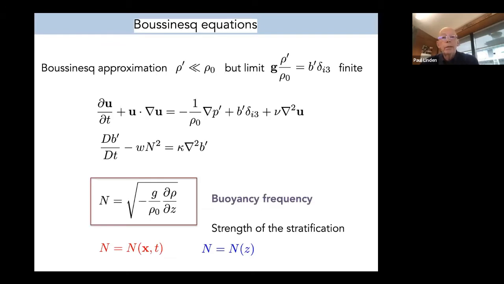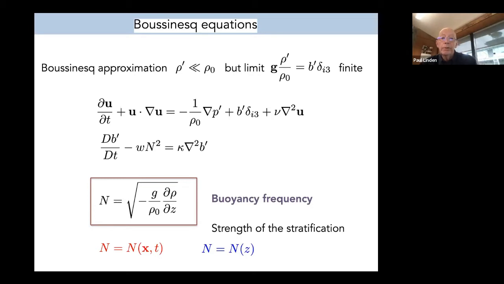And we make the Boussinesq approximation, as I said, which is that the perturbation densities are small compared to the reference density, but we retain the buoyancy term. So we retain the term involving gravity.